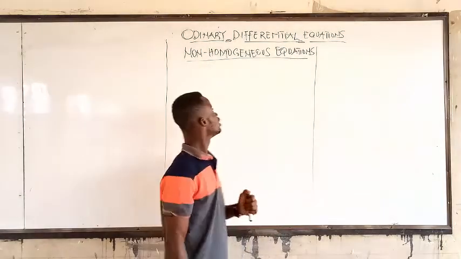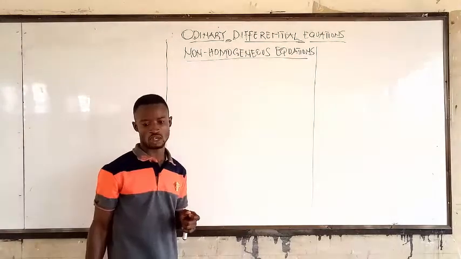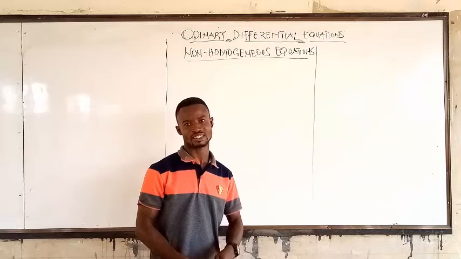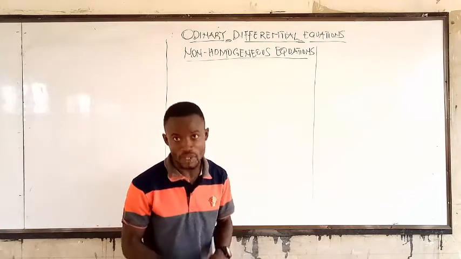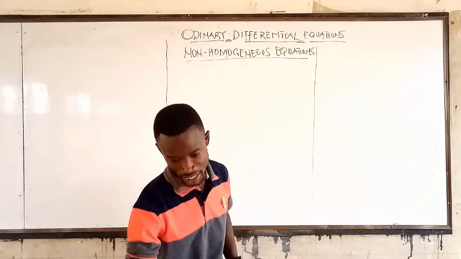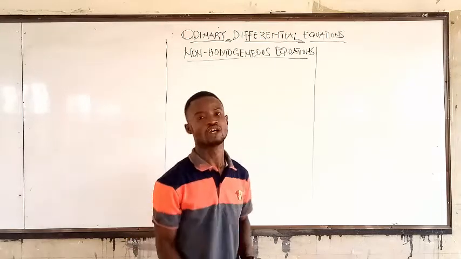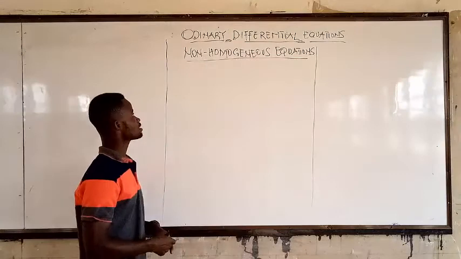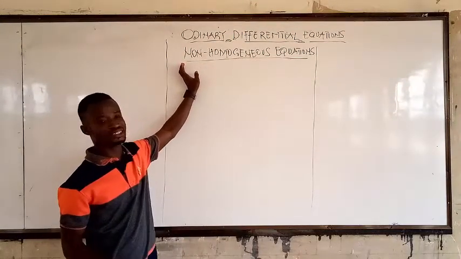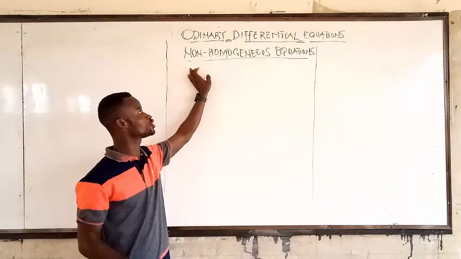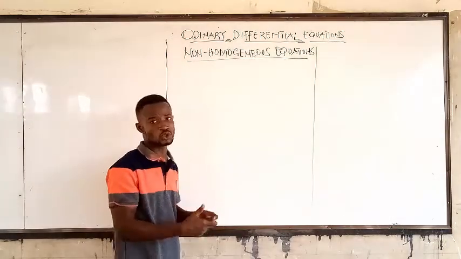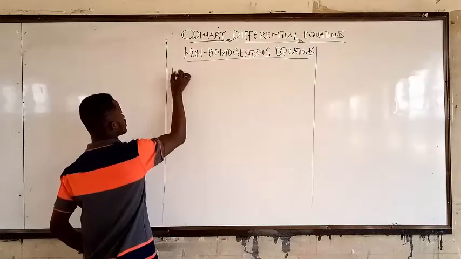non-homogeneous equation. So the question is, what if it's not homogeneous? In other words, another thing we can use to replace non-homogeneous equation is equation reducible to a homogeneous equation.